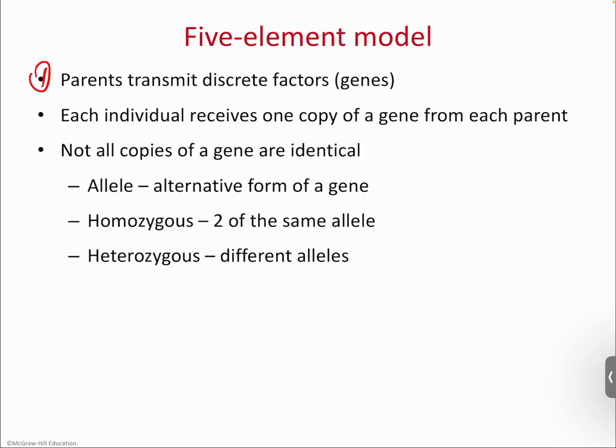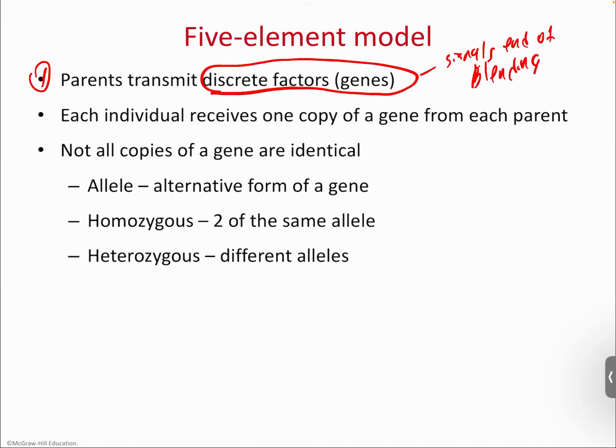Now, what Mendel came out with was a couple of major things. Obviously, a big takeaway was that genetics was driven by discrete factors. In a way, this was sort of like the end of blending. So just like Pasteur signaled the end of spontaneous generation with the development of sterile technique and the construction of microbiology, when Mendel did this, it signaled the end of blending.